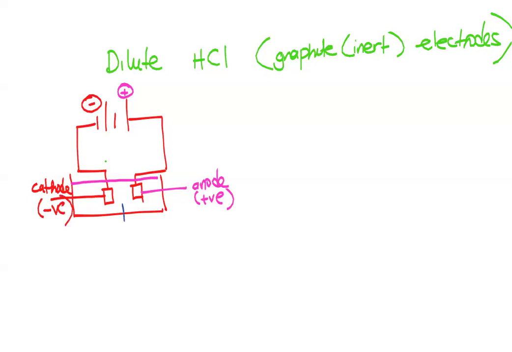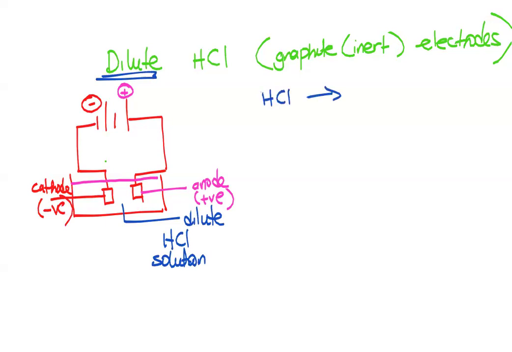And this is my solution, my dilute HCl solution. Of course, dilute means water is present. In fact, dilute and concentrated means water is present. So let's identify all the ions. The ions from the HCl will be H plus and Cl minus, of course, you know that.